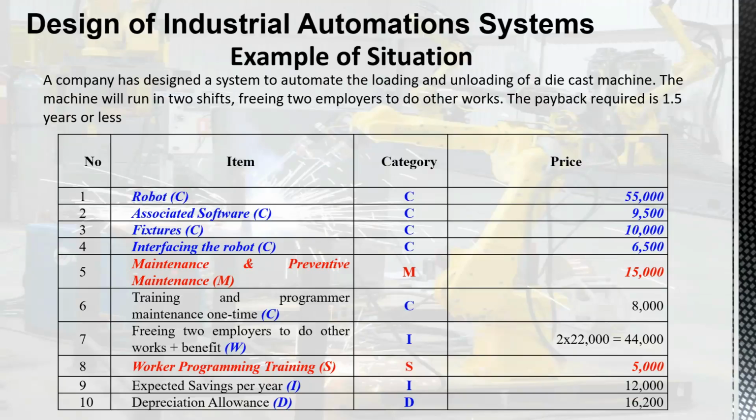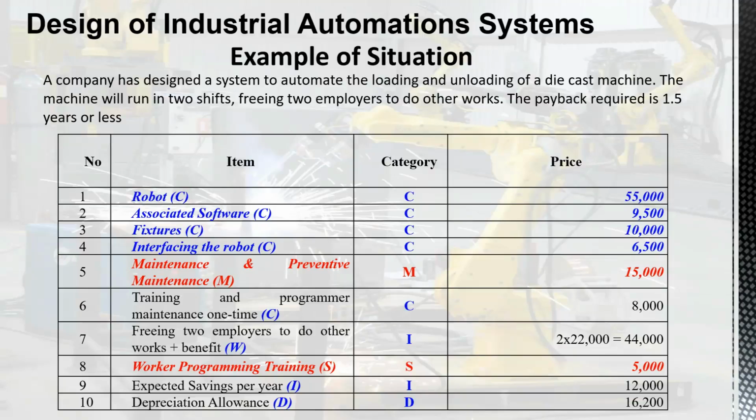The items that will be installed are the robots, associated software, fixtures, and the interfacing for the robots, which is the controllers. We also need maintenance and preventive maintenance cost, training costs for the programmer, and one-time maintenance. Freeing 2 employees to do other work will also cost in this case, along with a worker for programming training, expected saving per year, and depreciation allowance.